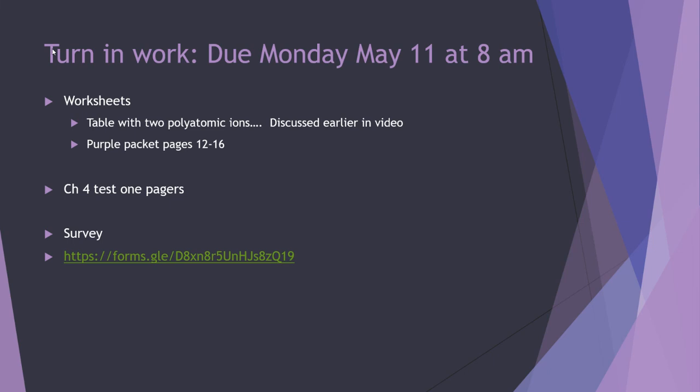The worksheets that we've been doing here in class, so go ahead and finish up writing down information for 12 through 16, as well as the 2 polyatomic ions that I was discussing earlier in the video. So don't do the 2 that I went through or the 1 that was on your polyatomic ion discussion sheet.